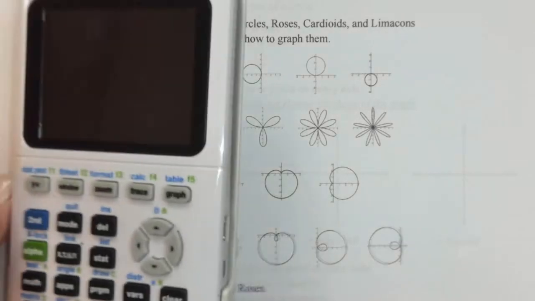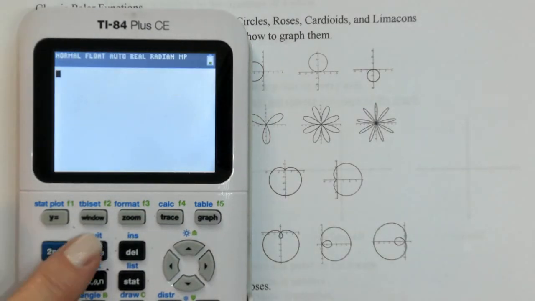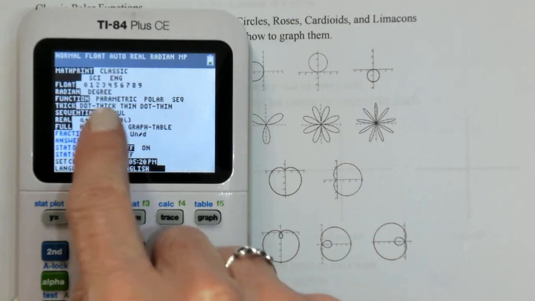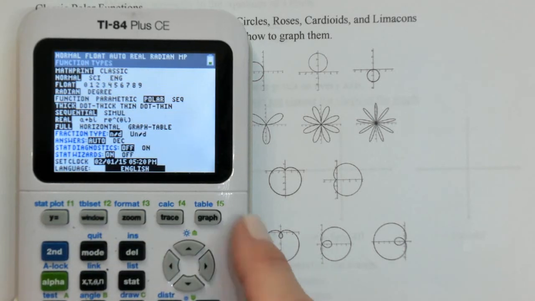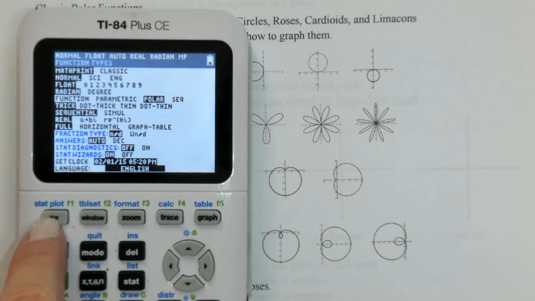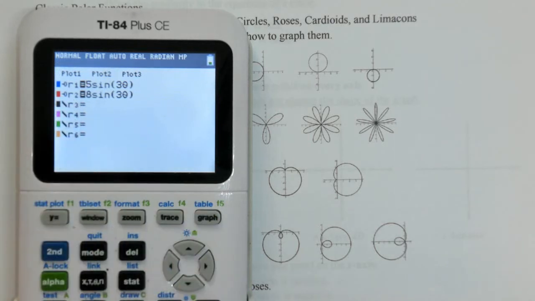And on your calculator, if you hit mode, you can come down here and go to polar mode. When you do that and hit enter, then when you go to y equals, you're no longer going to see a y equals, you're going to see an r equals. So R1, R2, I already have some in there. Let's clear those out.